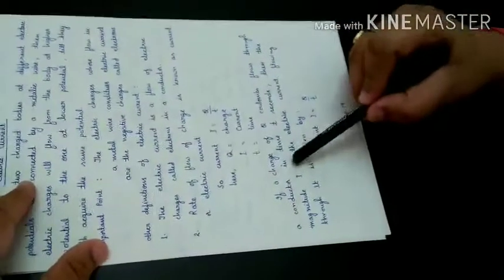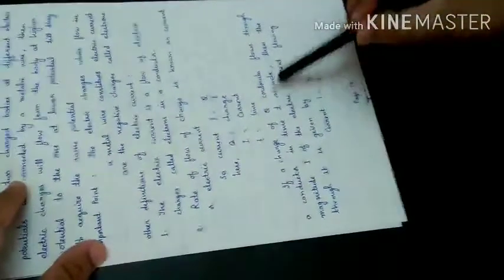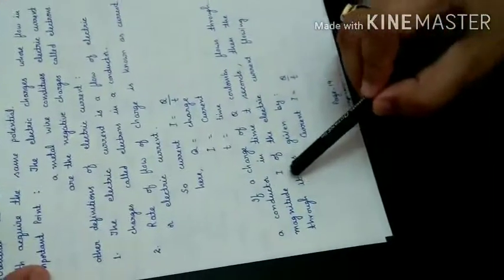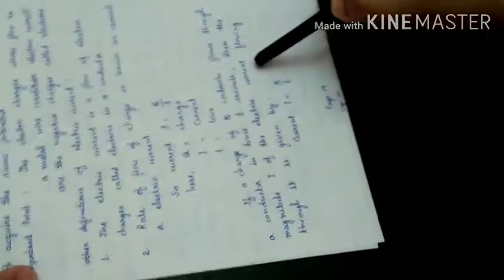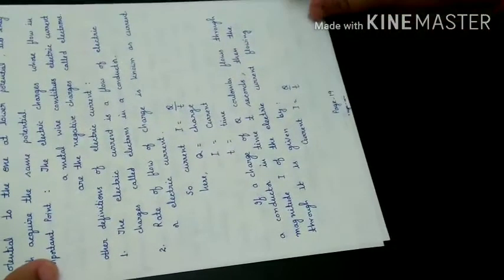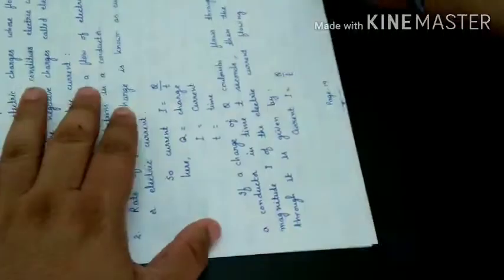If a charge of q coulombs flows through a conductor in time t seconds, then the magnitude I of the electric current flowing through it is given by I is equal to q by t.